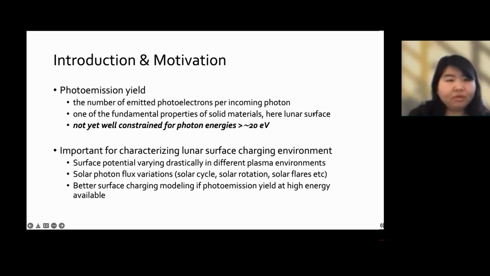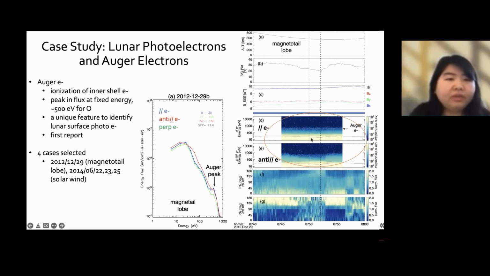First, this is a case study showing the lunar photoelectron observation from the ARTEMIS mission. To the right is a time series of observations.